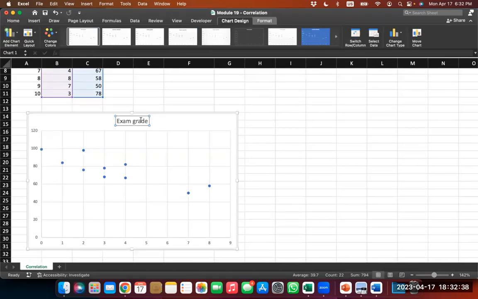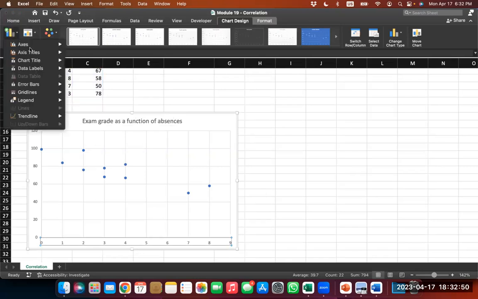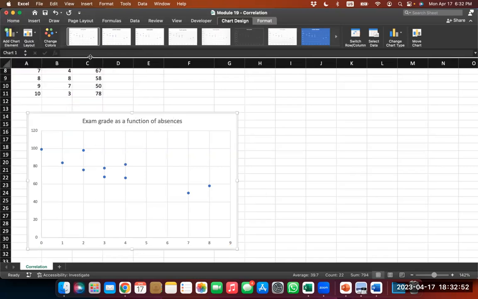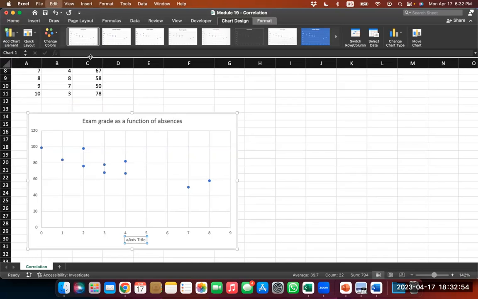So we can now make this a little bit more aesthetically appealing. Exam grade as a function of absences. We put in our x-axis: absences count.